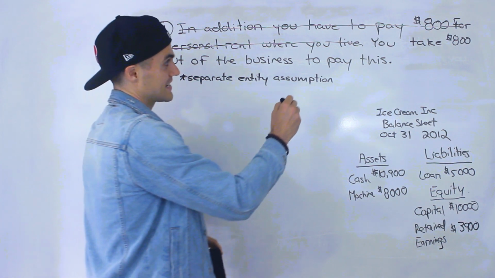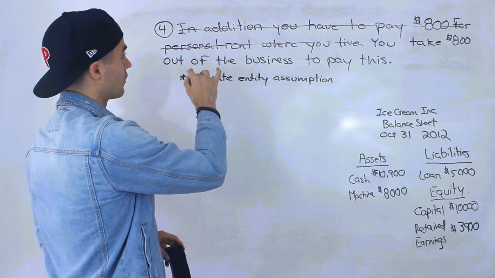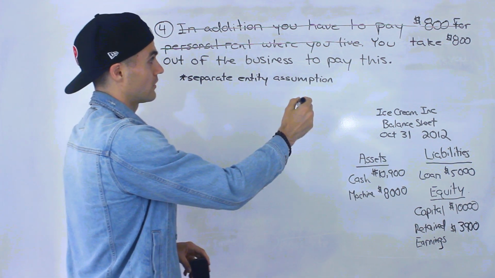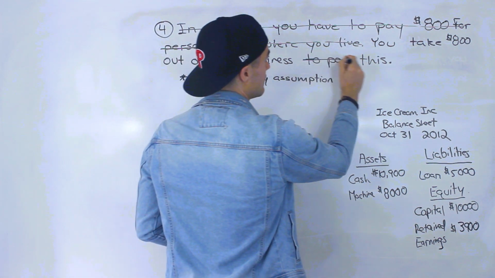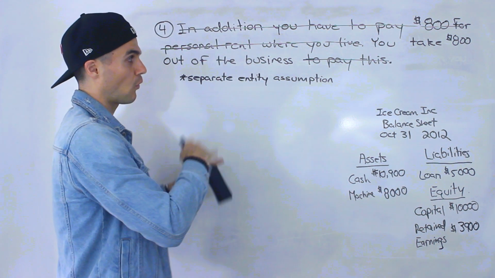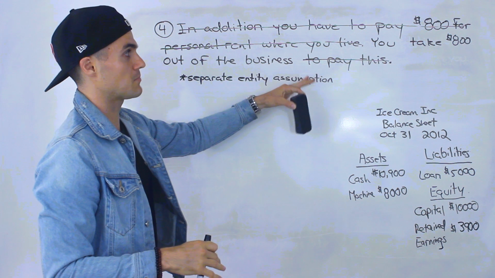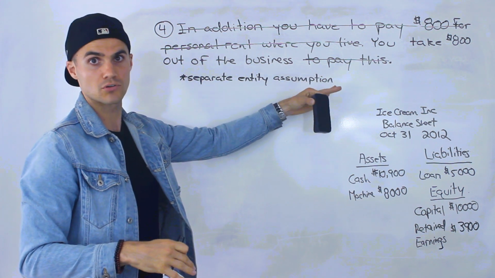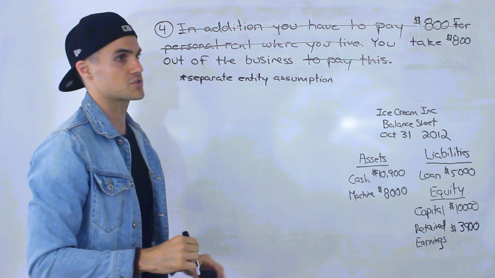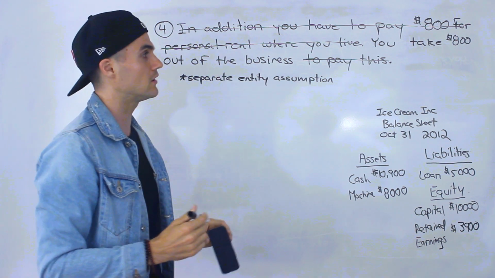However, this last sentence here, you take $800 out of the business to pay this rent. That's important. And in fact, this part isn't even important. It doesn't matter what you take the $800 out for. So they could say to pay your car, to pay their personal car off, or whatever, to make a personal payment on a bill.